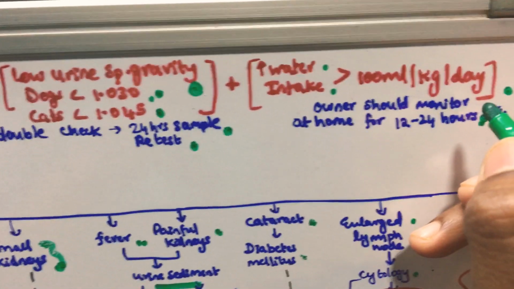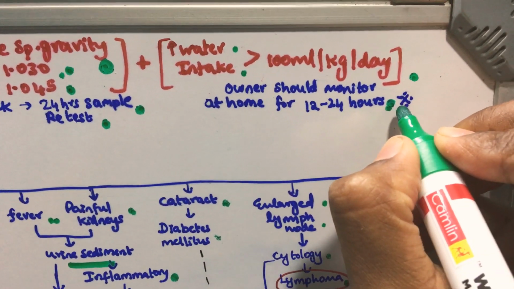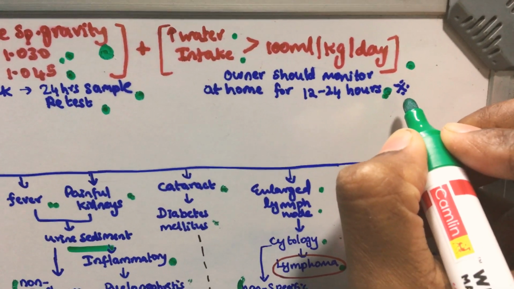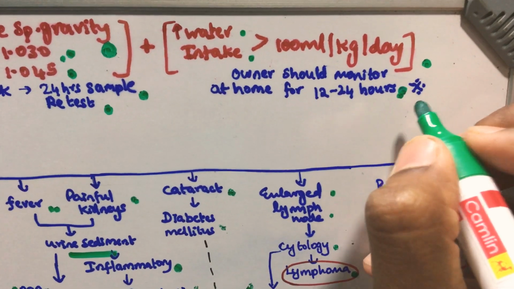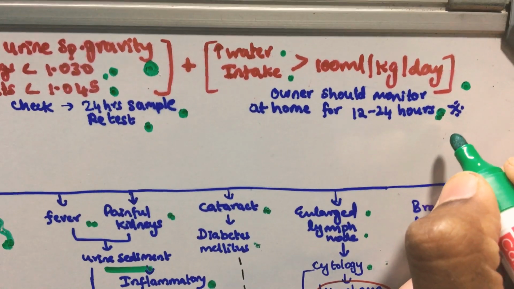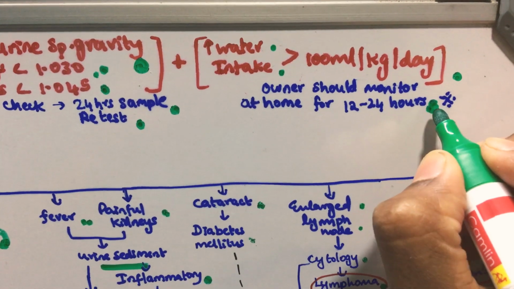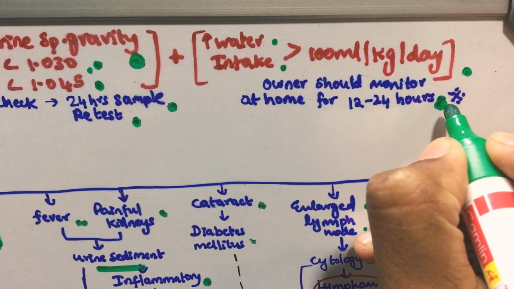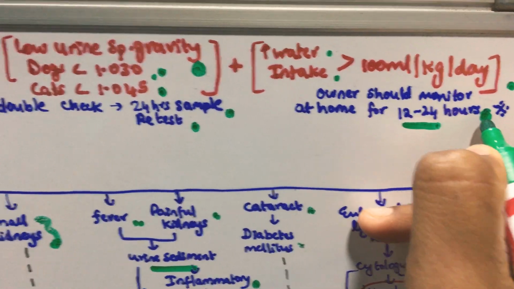Similarly, water intake should be measured only by the owner at home, because dogs and cats tend to get very stressed when they are at the veterinary hospital. So it is always better for the owner to monitor at home for a period of 12 to 24 hours.